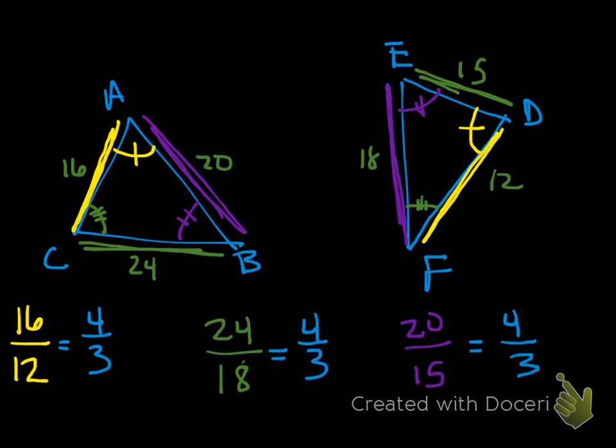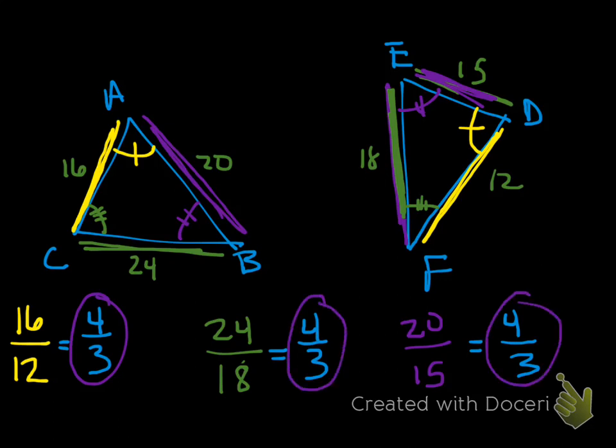My mistake was that the 24 goes to this side and the 20 goes to this side. If you notice, they all simplified to 4/3. That means that those side lengths are proportional. Remember, angles have to be congruent and side lengths have to be proportional.